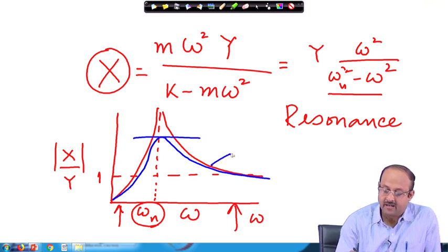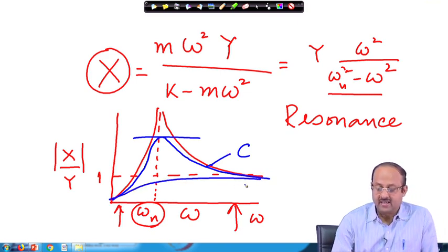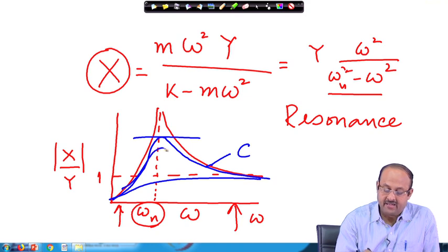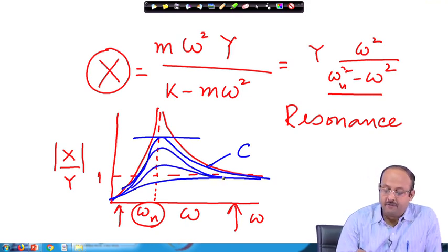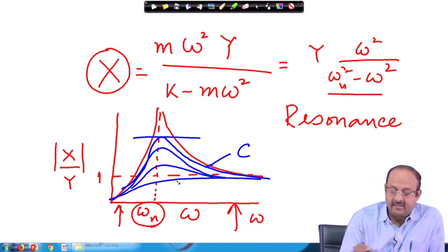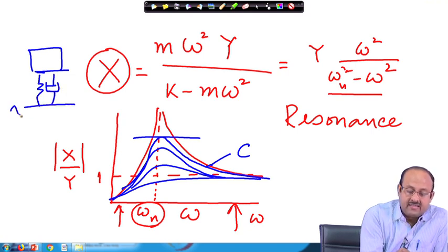If the damping is quite high, then it becomes like this. So, this is the high value of damping. Intermediate, there will be certain situations like this. So, if you increase the value of the damping here, damping means that in this case I had the system and here there is a damper and this base is excited.